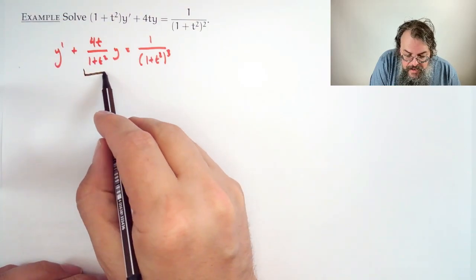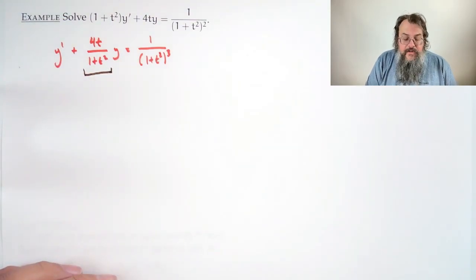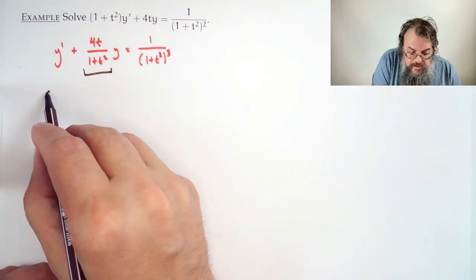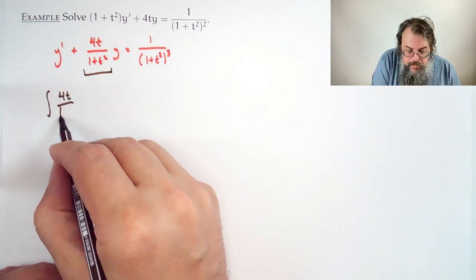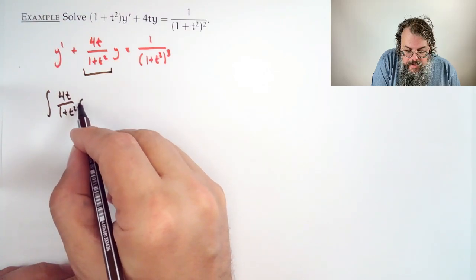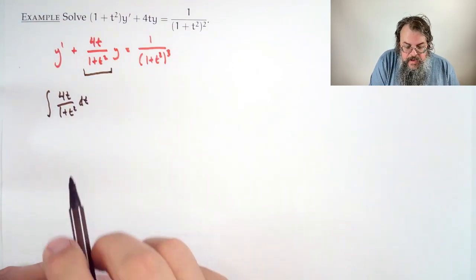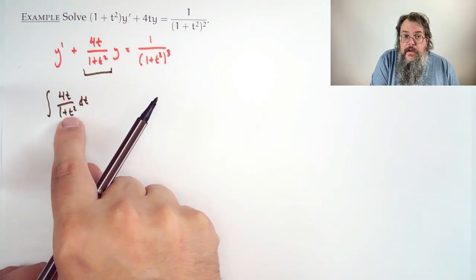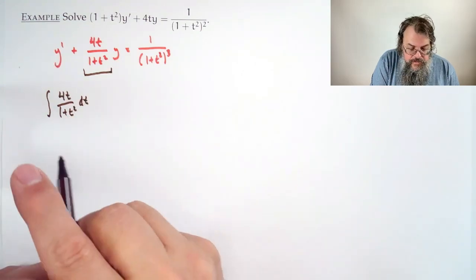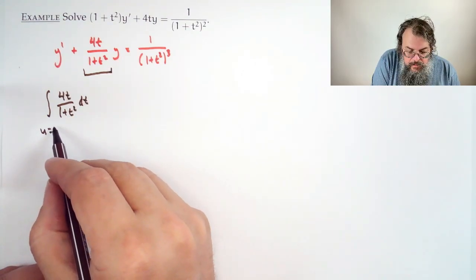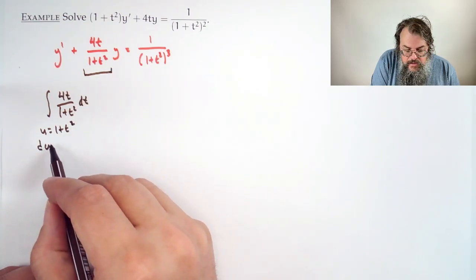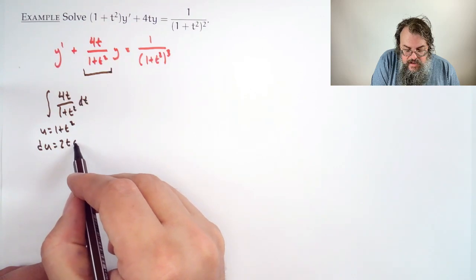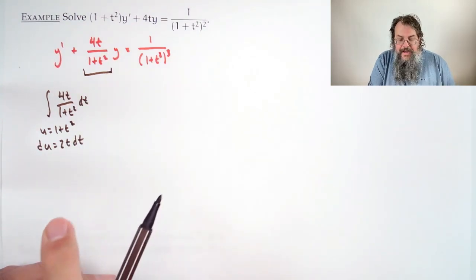This will be how we find our integrating factor. We're going to use that term. So we need to integrate 4t, divide that by 1 plus t squared dt. So we'll let substitution here, u be the bottom. And so u equals 1 plus t squared, and du would be 2t dt.